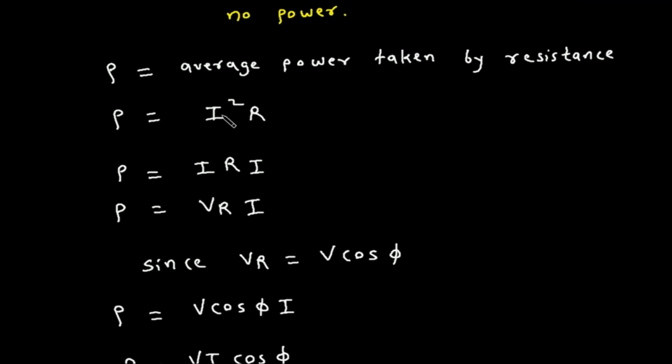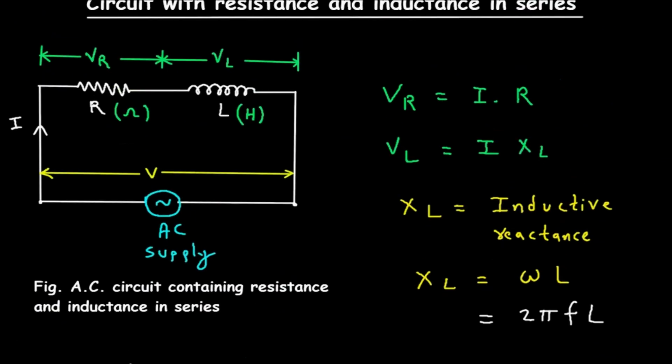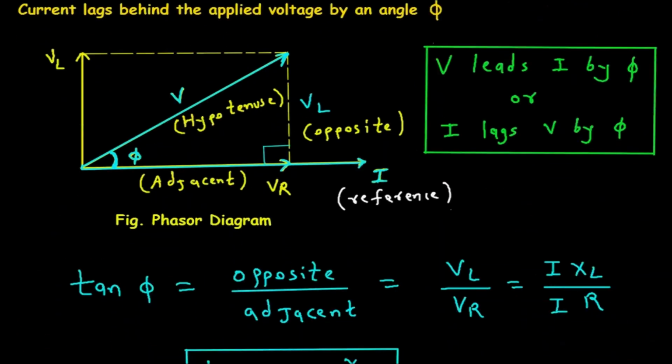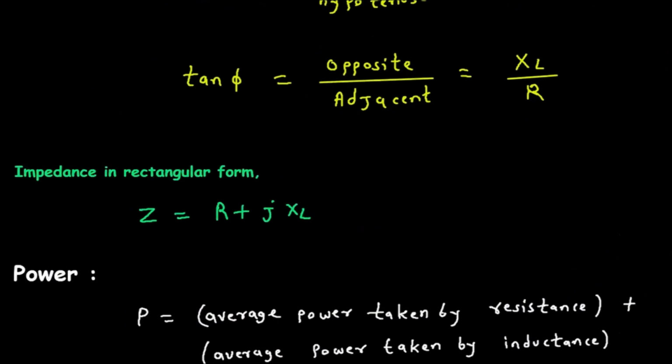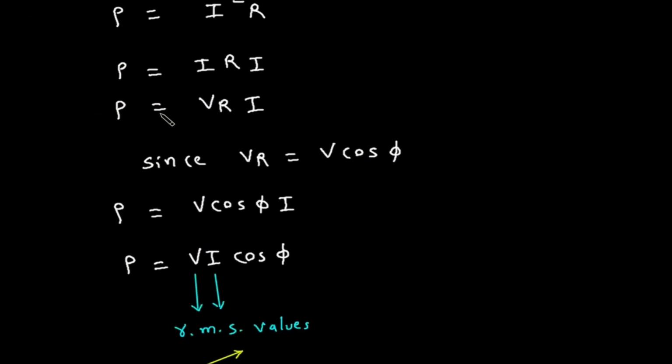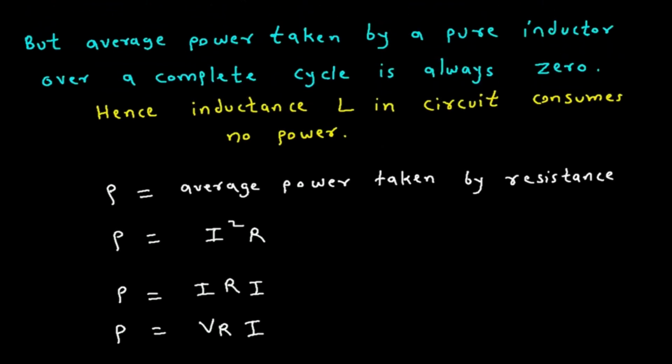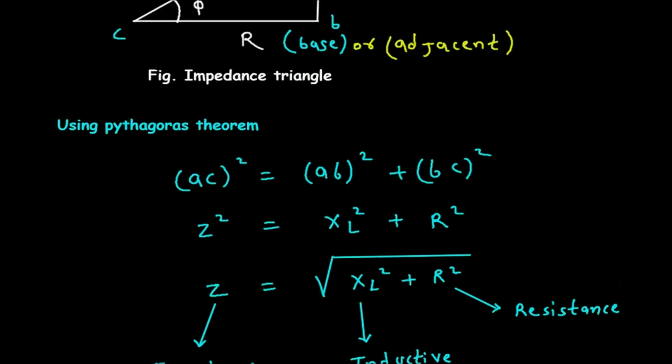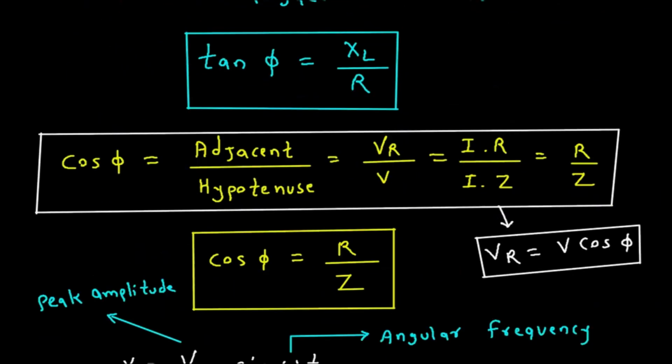Now, if we separate this, P is equal to IR into I. Now, we can replace this I into R by VR, the voltage drop across this resistor R. So power is equal to VR into I. Since VR is equal to V cos phi, from the triangle, cos phi is equal to adjacent side upon hypotenuse, VR by V. So from this we can say VR is equal to V into cos phi.